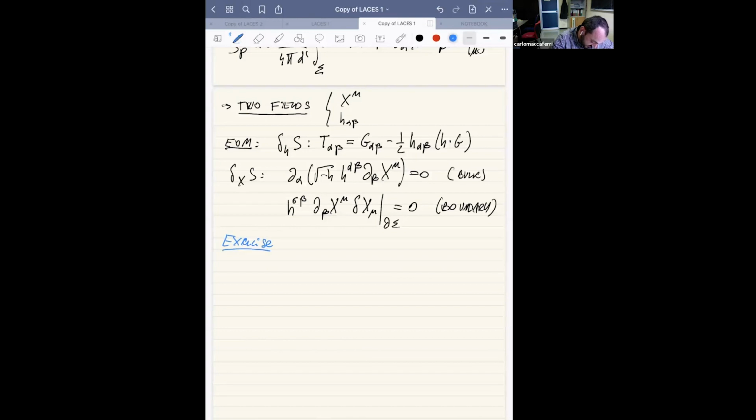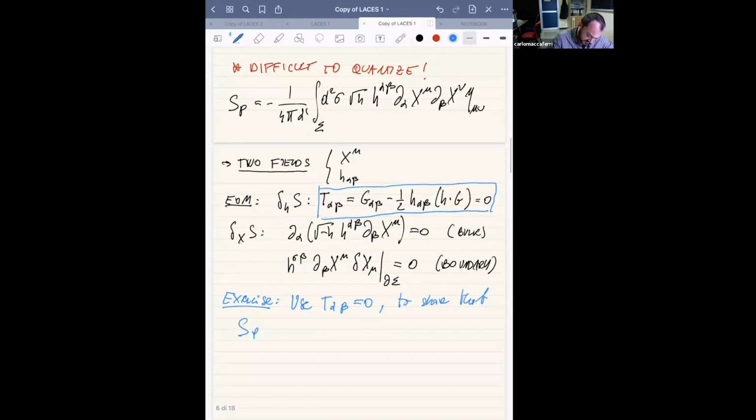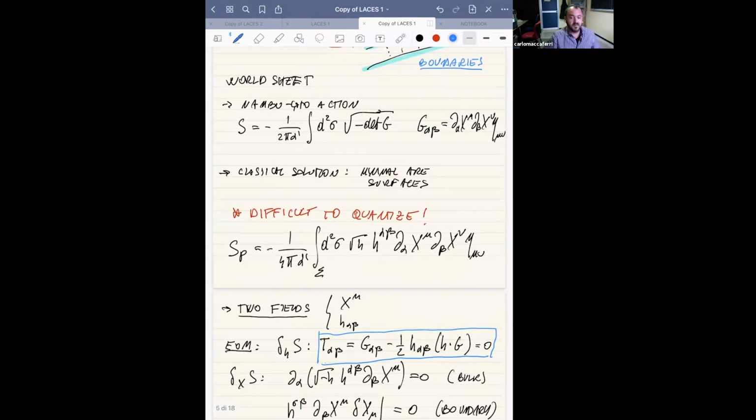I would like you to use this equation of motion for the metric, T_αβ = 0, to show that S_Polyakov, this action that we just wrote, is in fact equal, upon the use of the equation of motion for the metric, to the S_Nambu-Goto that we defined here.